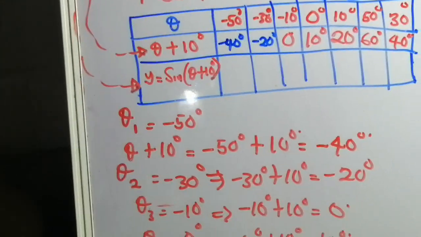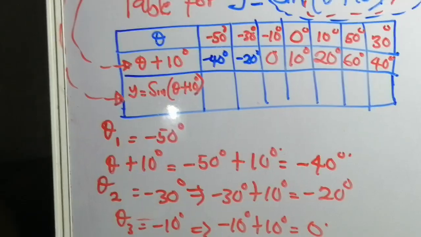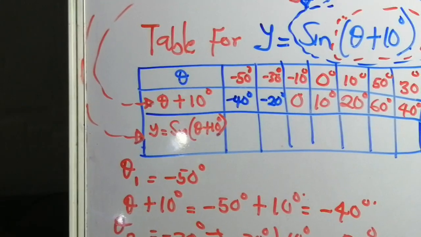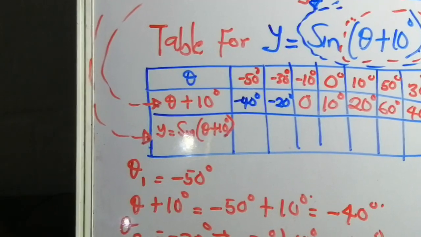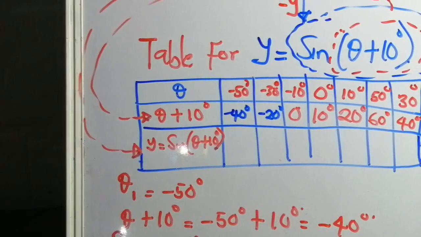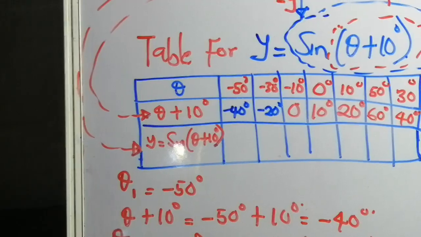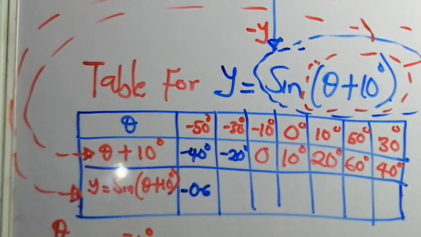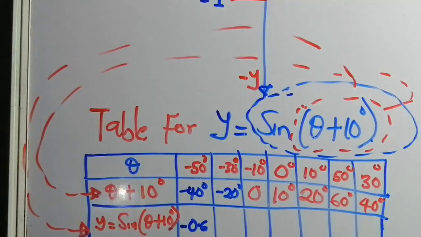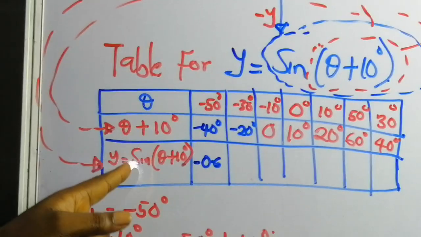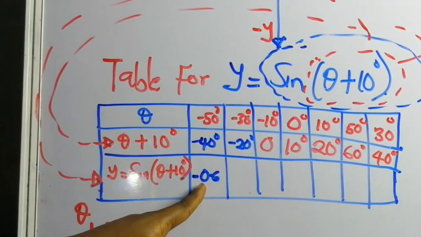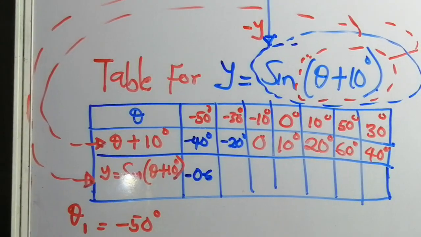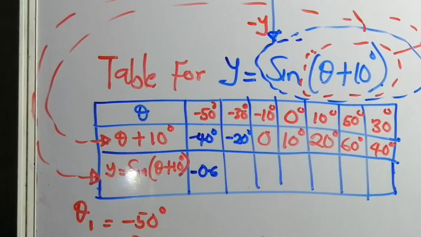If you press sine of minus 40 on your calculator, you get something about minus 0.6.